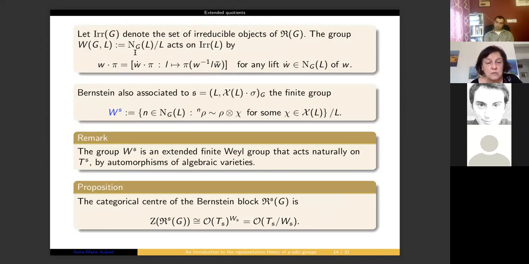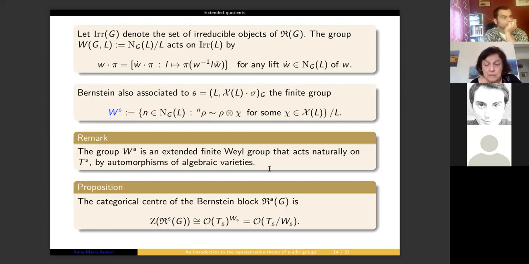Here you consider the normalizer of L mod L. And in that group, you consider the elements which send our representation, okay, sorry, this rho should be sigma, we send sigma to a twist of sigma by some unramified character of L. So it's a similar definition to the group W_theta of yesterday, except that here we allow twisting by any unramified character, not only the unitary ones.